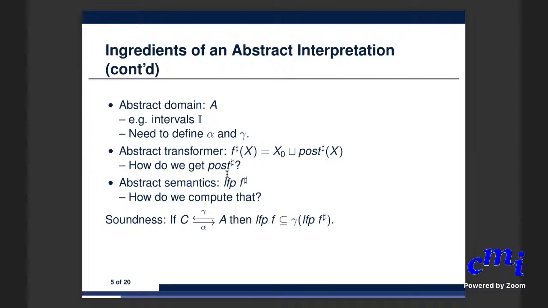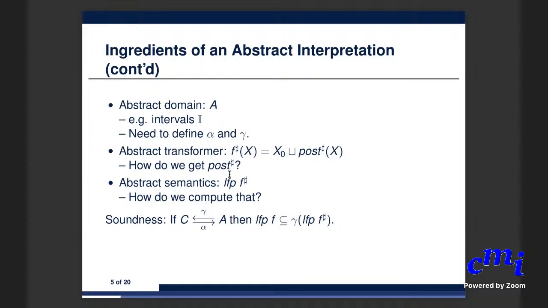So how do we get the post hash? How do we define that? As you know, it has to be defined such that it satisfies the abstraction condition that we defined in the last class, which is required to make it a sound abstract transformer.